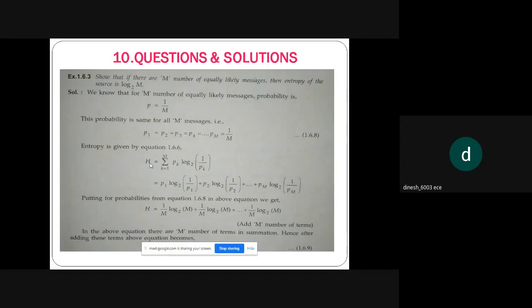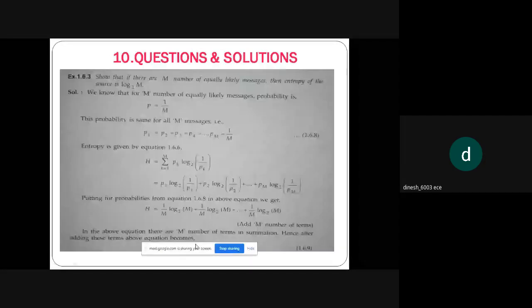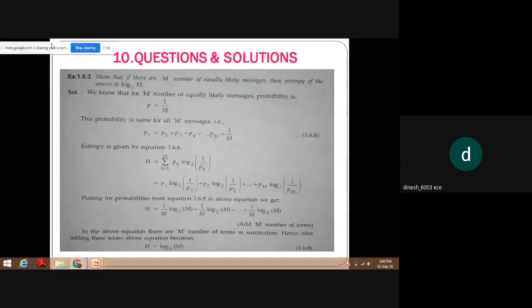Now you can see, add all the m number of terms.